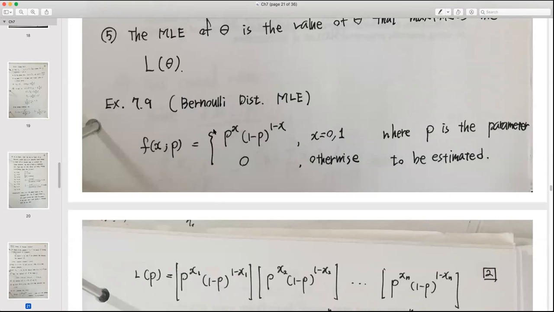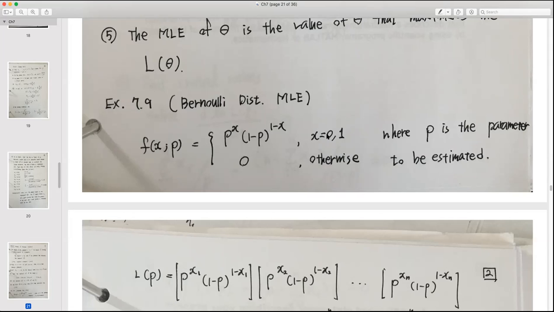We haven't seen this one exactly, but it is similar to the binomial distribution, where we only think about one trial. So x can be 0 or 1.